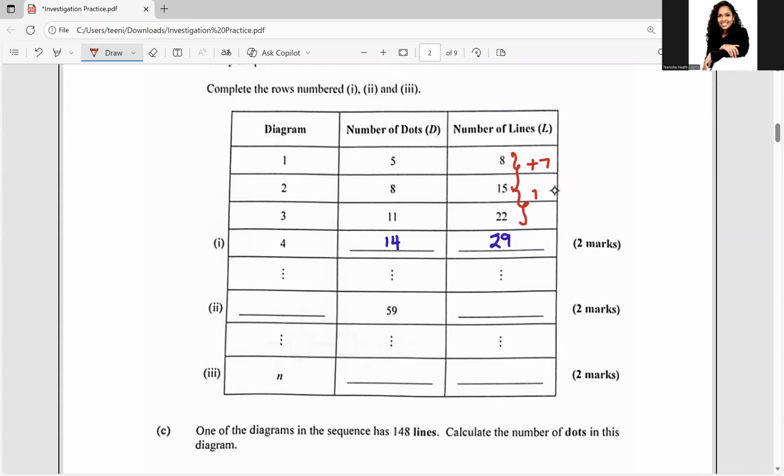Yeah. So that means that the common difference, or the constant increase, here is 7. So I would expect the number in diagram 4 to also increase by 7. So I'll say 22 plus 7 gives me 29. Okay. Yes or no? Yeah. Sure?